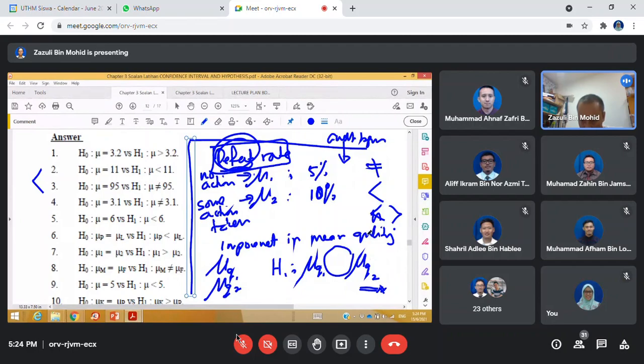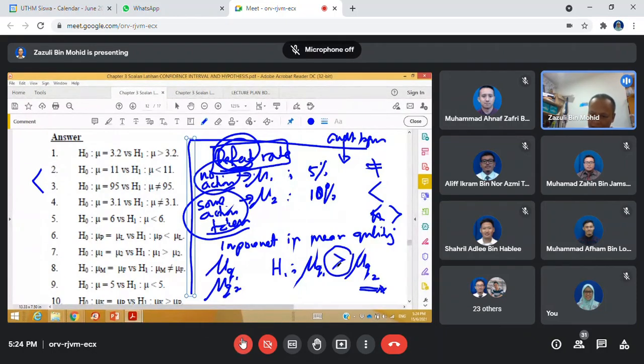That means what? The defect rate must be smaller than the defect rate before the test. So the defect rate of the non-action taken one should be larger than the defect rate of after action taken. Faham?